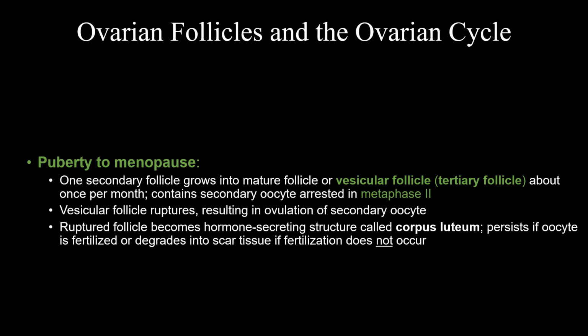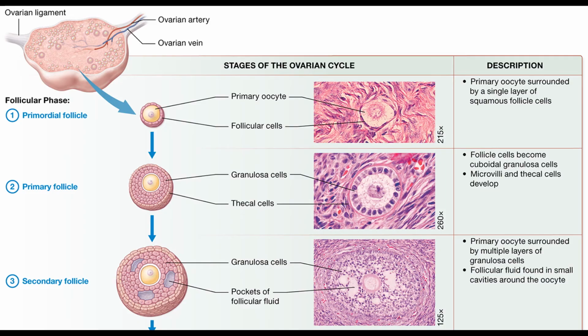Now, we are going to see the phases of the ovarian cycle here. These are the follicular phase, the ovulation, and the luteal phases. And we'll look at those in just a second. I'm going to give you these images to look at first, and then I'll refer back to them after we discuss in depth what occurs in each of these phases.